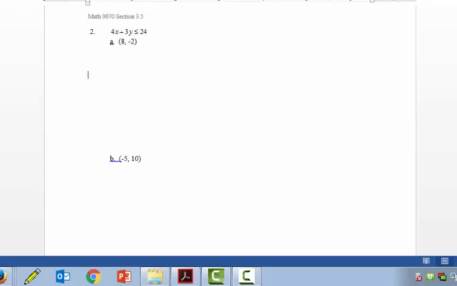Okay, so similarly, we're going to use this same method on number 2. We want to know if (8, -2) is a solution to 4x plus 3y less than or equal to 24. So we are going to replace x with 8 and y with -2.